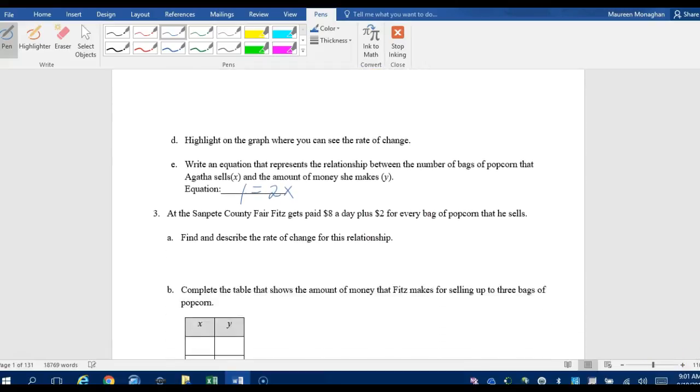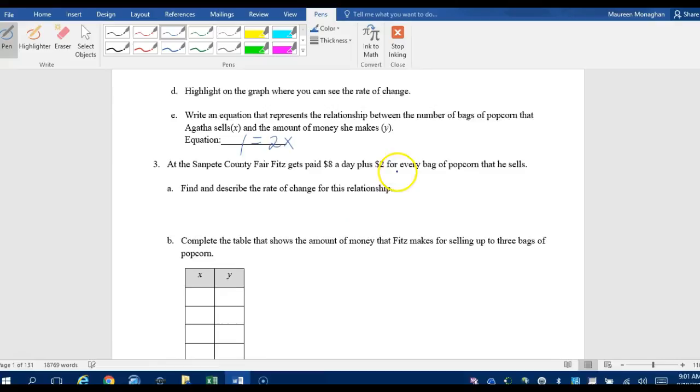Okay? $8 a day plus $2 for every bag of popcorn he sells. Find and describe the rate of change for this relationship. Okay? The relationship is, the unit rate is $2 for one bag. So the unit rate is 2.